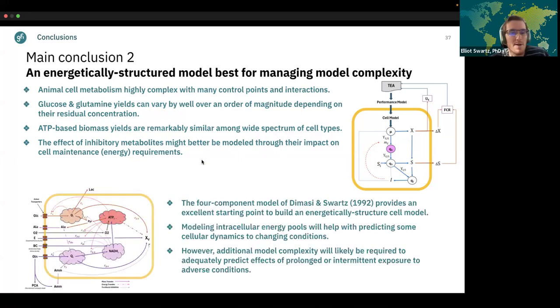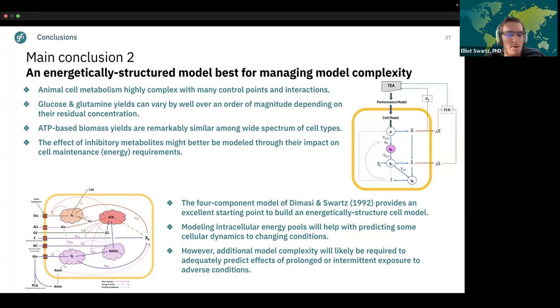As Bert mentioned, we think that a good starting point to begin to construct such a model would be through this paper in the early 90s that really allows you to model these key intracellular energy pools to help predict some of the cellular dynamics and changing conditions and stressors that cells experience during their time in the reactor.